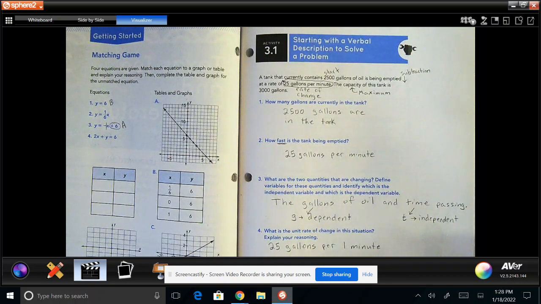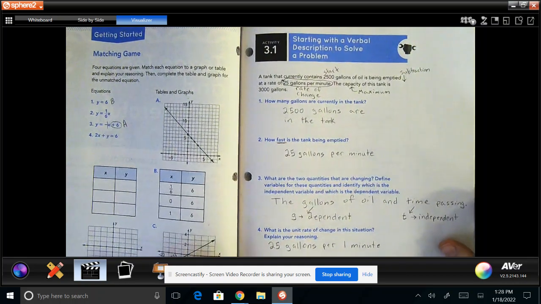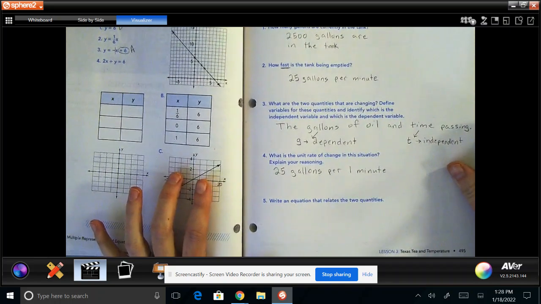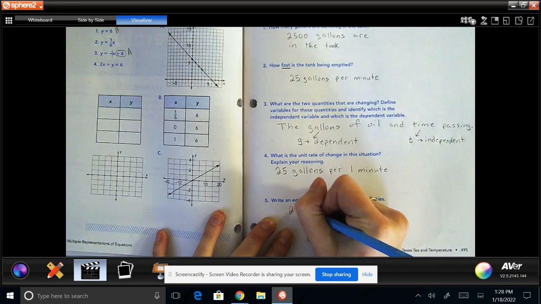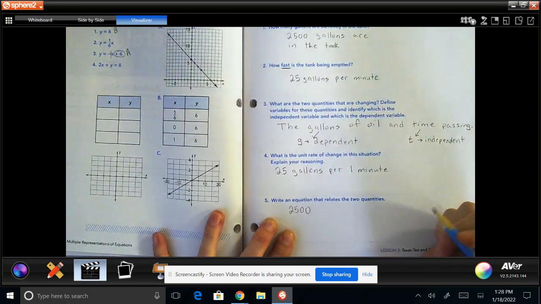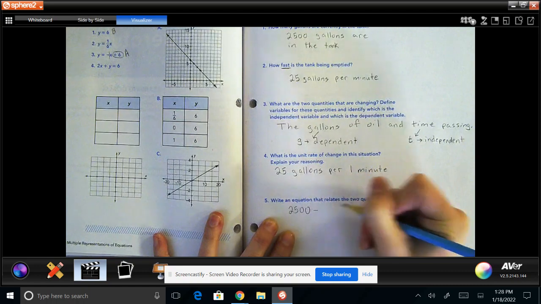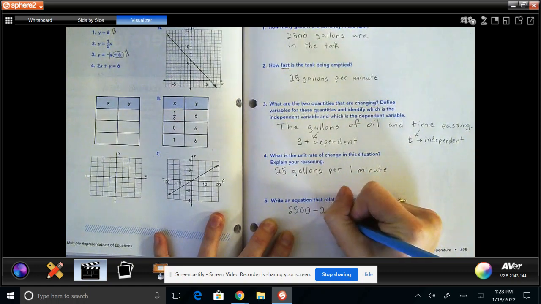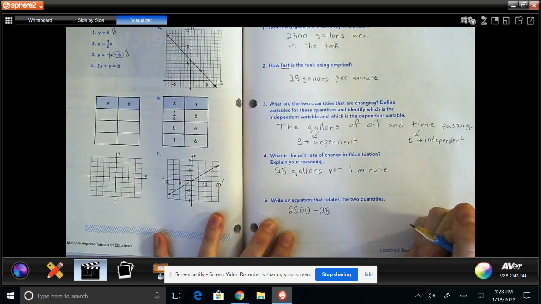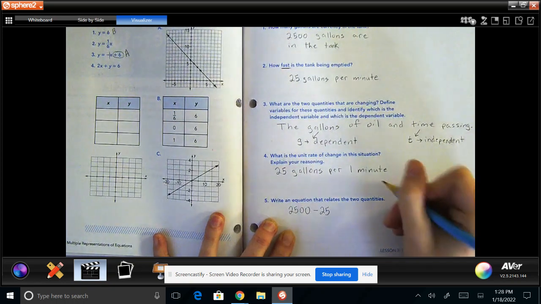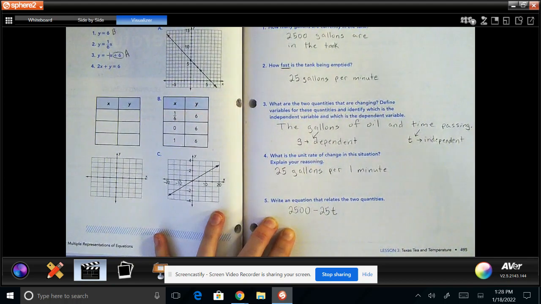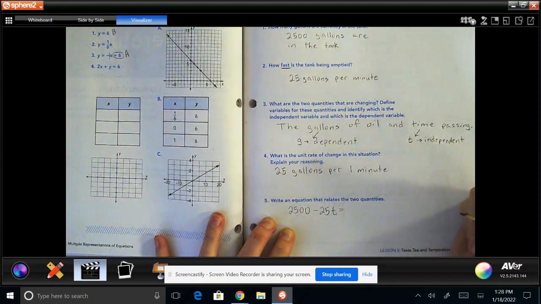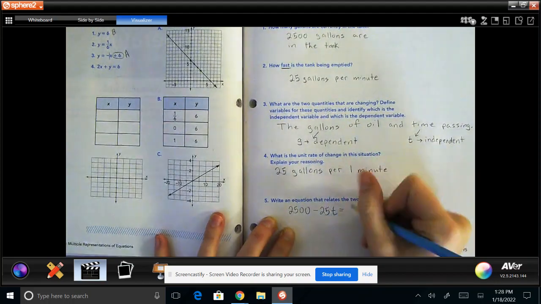Write an equation that relates the two quantities. Well, I'm starting at 2,500 gallons of oil. It's emptying, so subtracting 25 gallons per minute, and minute is a length of time, which I said was T. And that's going to equal the number of gallons in the tank.